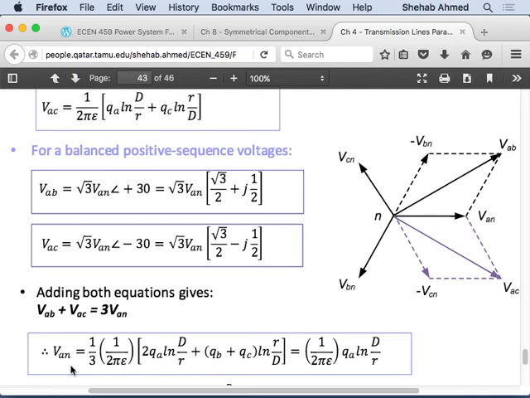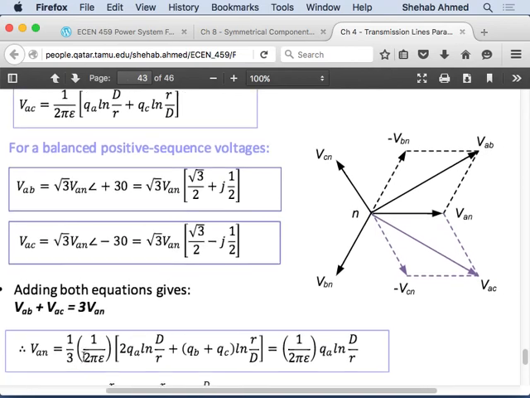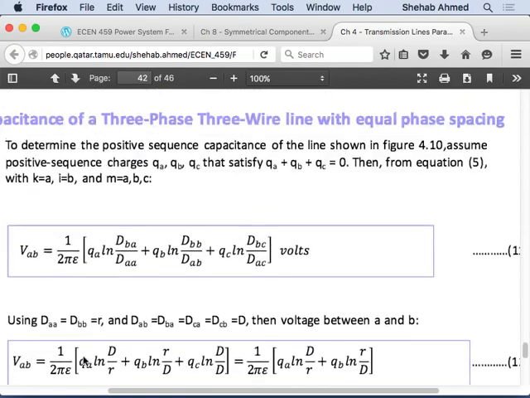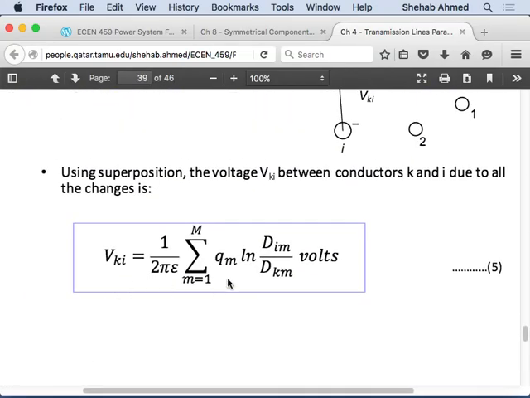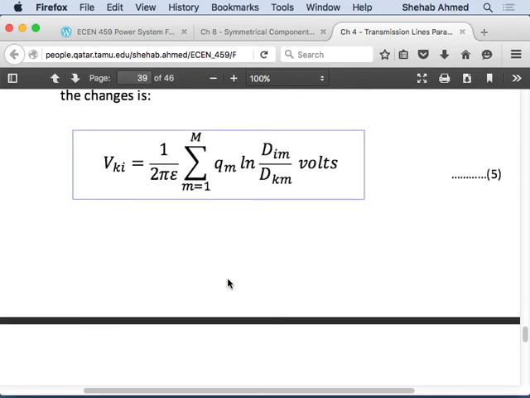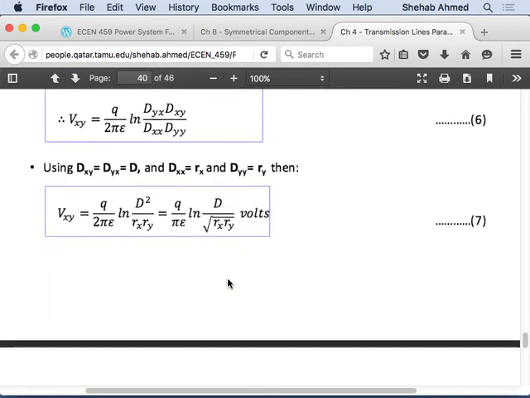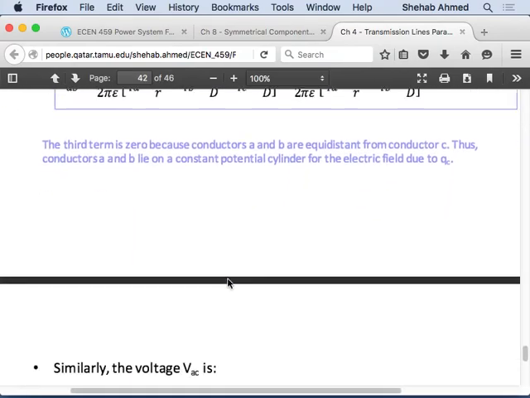At the end, remember, you're going to be applying these equations. This equation that you had here is the core. I can give you any configuration, and you can calculate the capacitance between lines. If in the three-phase configuration the D was not equal, you would not have ended up with this simplified equation that we had here.